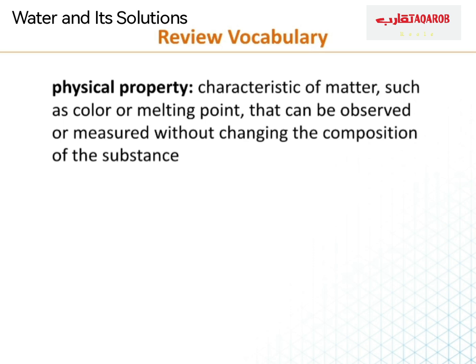Characteristics of matter, such as color or melting point, that can be observed or measured without changing the composition of the substance.